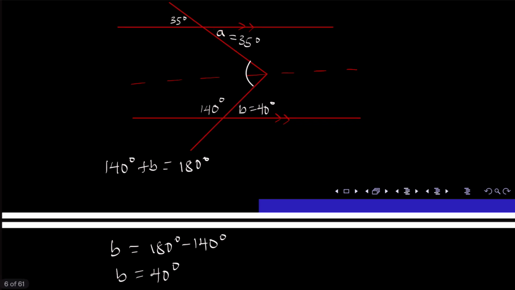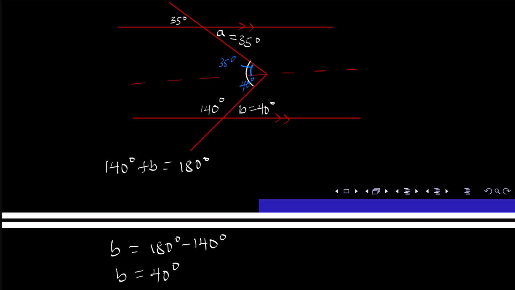Angle A and the angle given here are alternate angles, so the angle given here is equal to 35 degrees. Also, angle B and the angle given here are alternate angles, that's Z angles, and so this angle is given as 40 degrees.